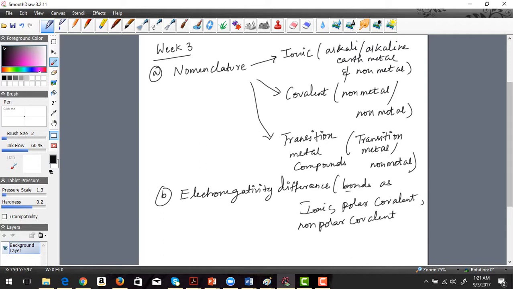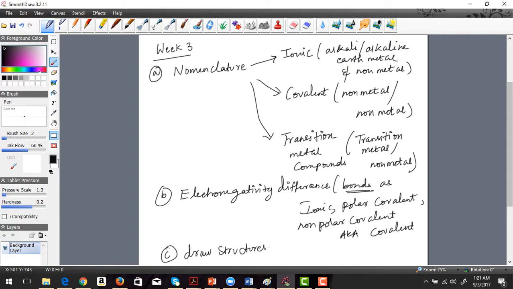Now this is about the bond, not about the molecule. Non-polar covalent, aka covalent. And then we learned how to draw structures, basic structures. This is what we learned in week 3.